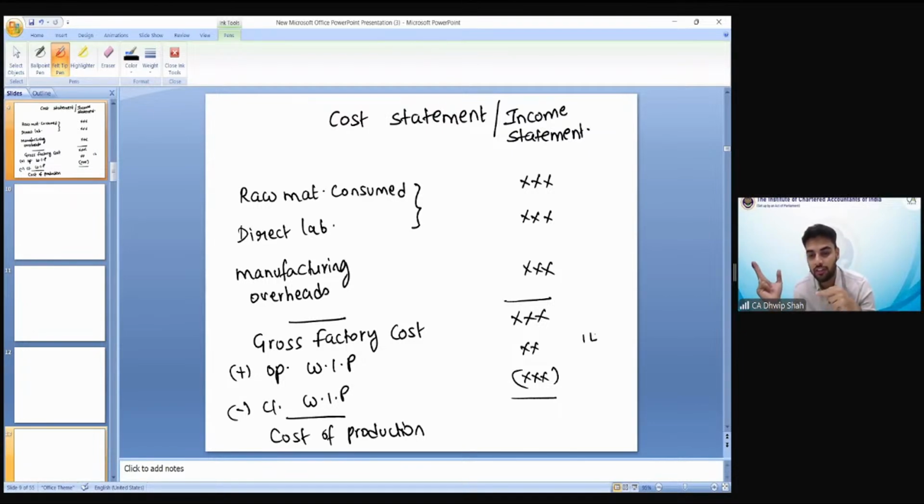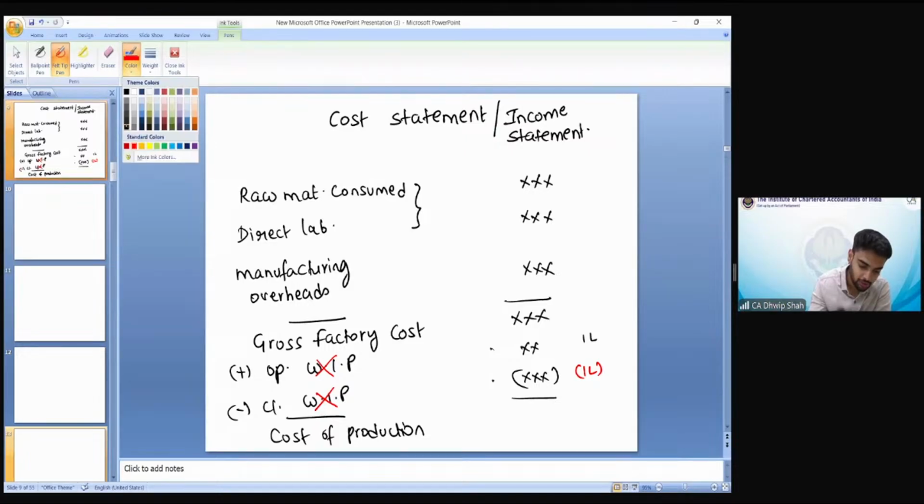Even if you come on 31st December, it would be 1 lakh only. So can I say opening WIP and closing WIP would be the same, unless otherwise specified? So in that case, my gross factory cost itself becomes my cost of production because these two are the same.